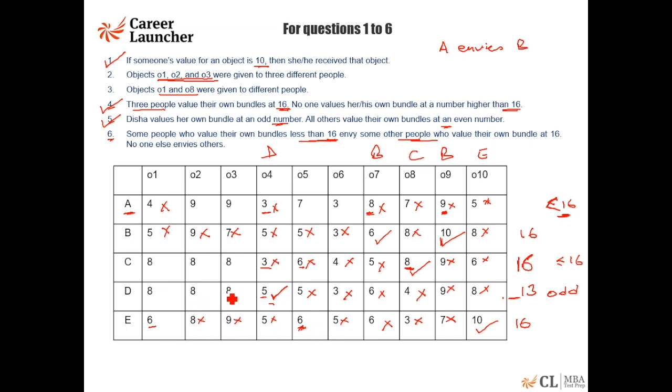We know this is going to be less than 16, so it can only be 3. Oh, I missed this. O6 goes here, so this is 3. So that means it can be 10 or 12. This is done, so this goes to A. I hope I have not missed anything else.